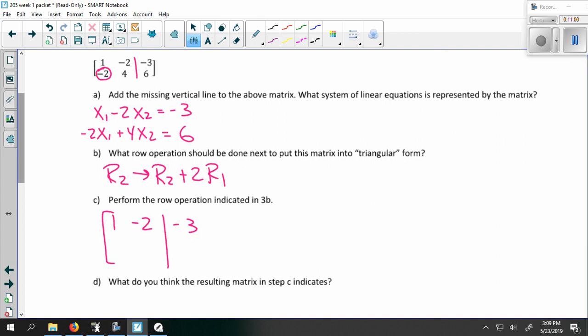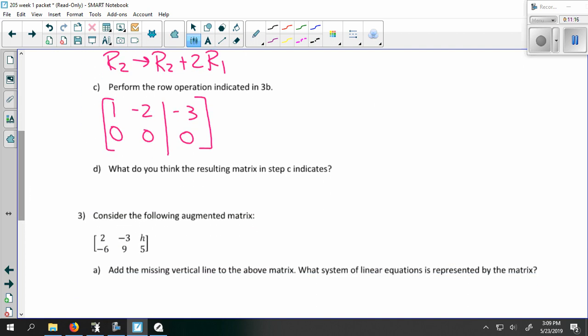So -2 plus 2 is 0. 4 plus -4 is 0. And 6 plus -6 is 0. So what do we think that this indicates? If I translate this back to equations, this says x1 minus 2x2 equals -3, and 0x1 plus 0x2 equals 0.